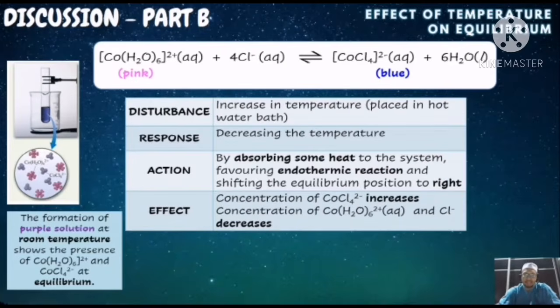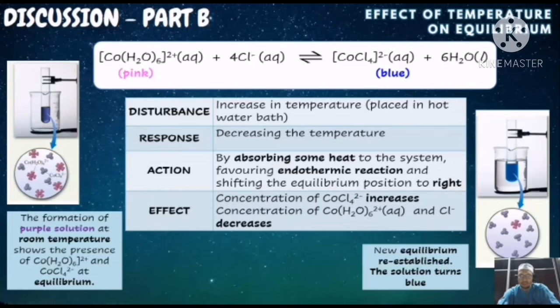By increasing the temperature, we place the sample in a hot water bath. The system tries to decrease the temperature by absorbing some heat, favoring the endothermic reaction and shifting the equilibrium position to the right. The concentration of tetrachlorocobalt(II) ion increases and the concentration of hexachlorocobalt(II) complex ion and chloride ion decreases.